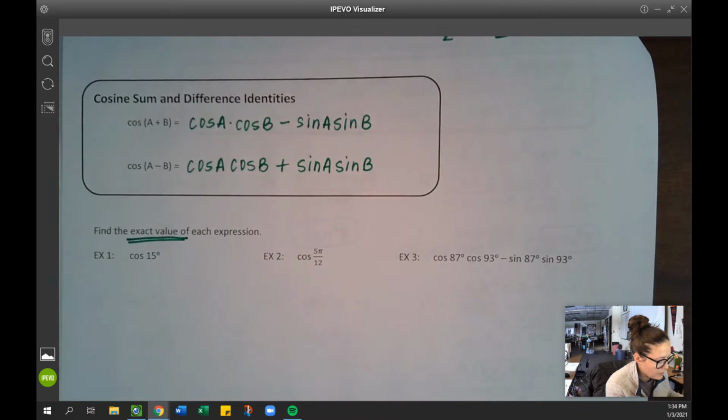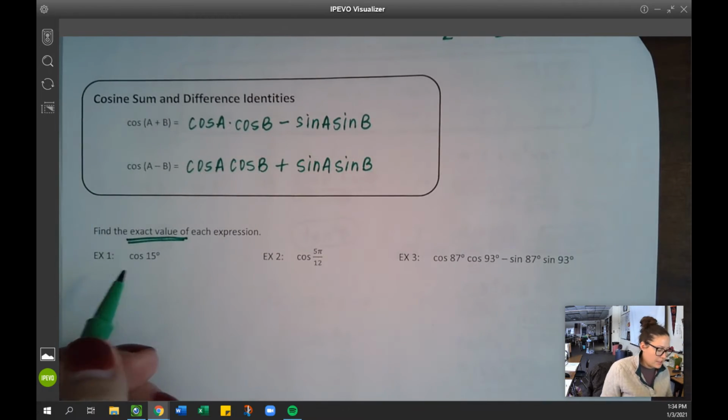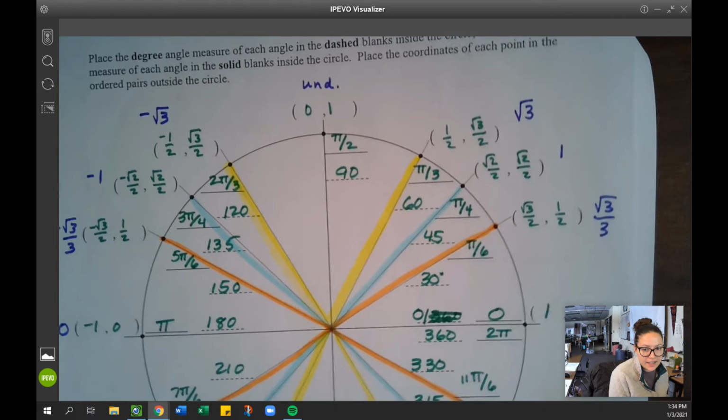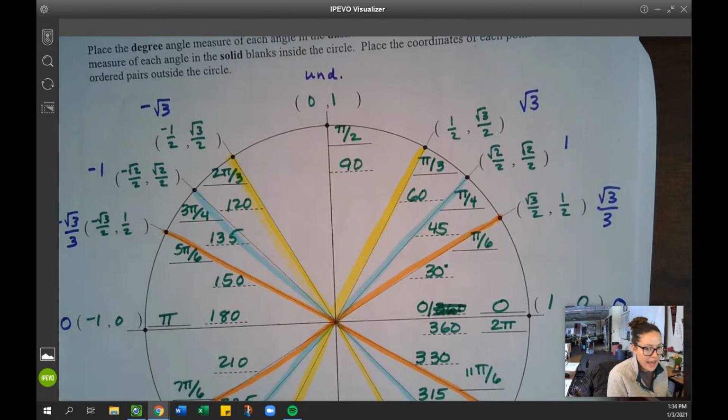Exact value means that we might have square roots in our answer, and it might look kind of funky, but we're not going to have decimals in our answer. So cosine 15. 15 is not an angle measure that we have on our unit circle. However, 15 is the difference, or sum, I guess, of two angles on our unit circle.